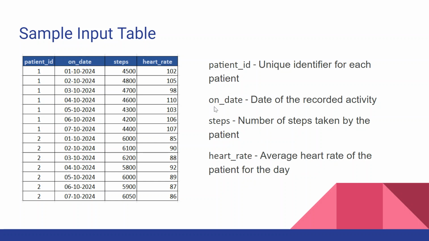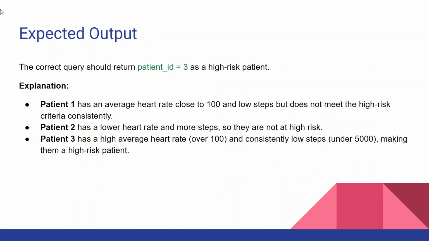This is the sample input table, and in the table that we have created in SSMS we have additional rows as well. So this is not the complete table that we are seeing here, but we will have additional rows in the table which we have already created in SSMS. Now we will see the expected output. If we write the correct query, it should return patient ID 3 as the high risk patient.